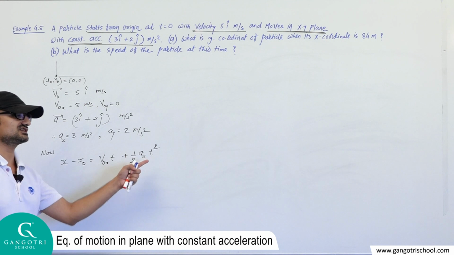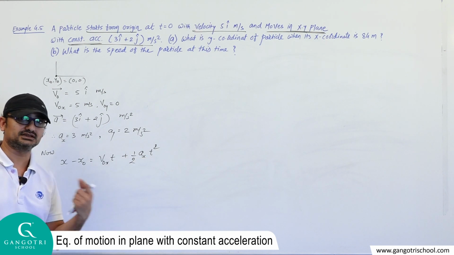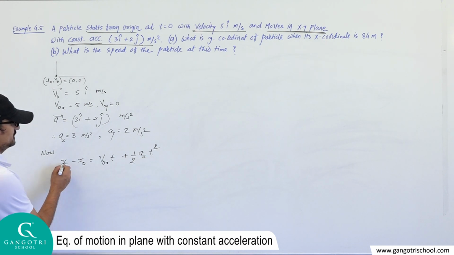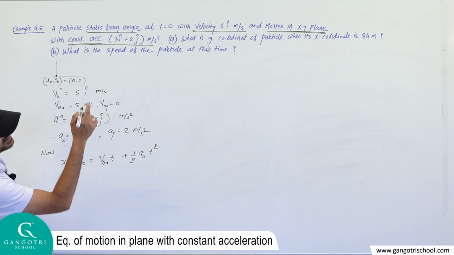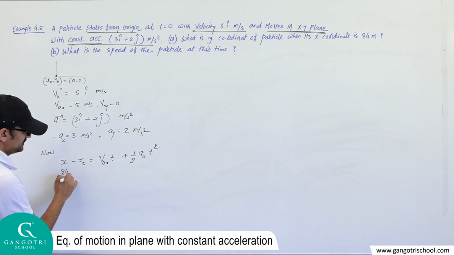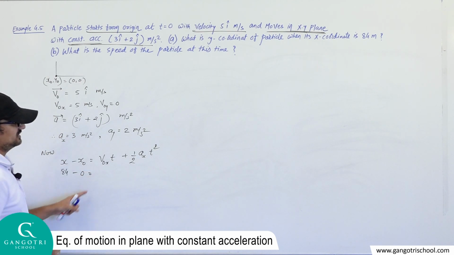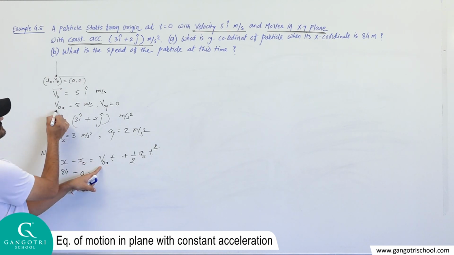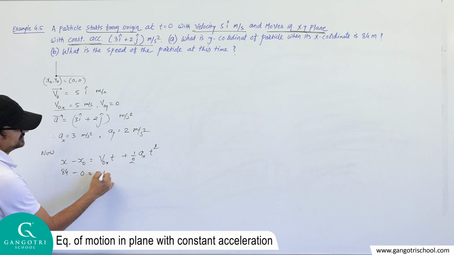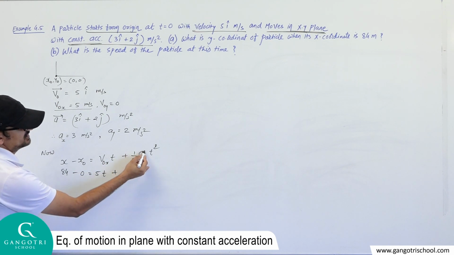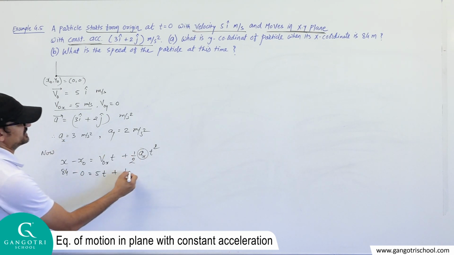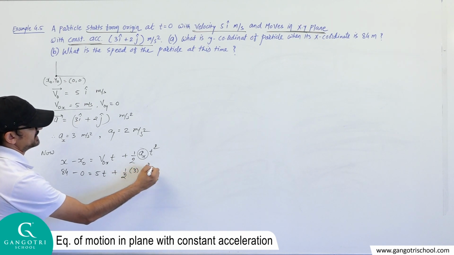We already derived this equation in the topic. Now the final x coordinate is 84 meter, the initial x coordinate is 0, the x component of initial velocity is 5 t as it is, 1 half as it is, and the x component of acceleration is 3 t square.